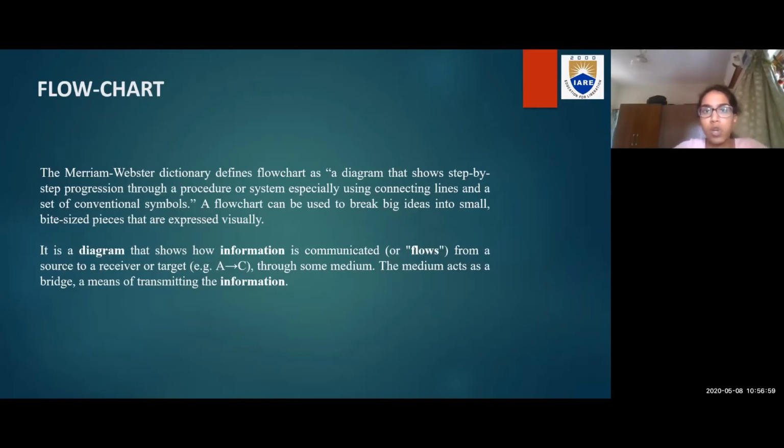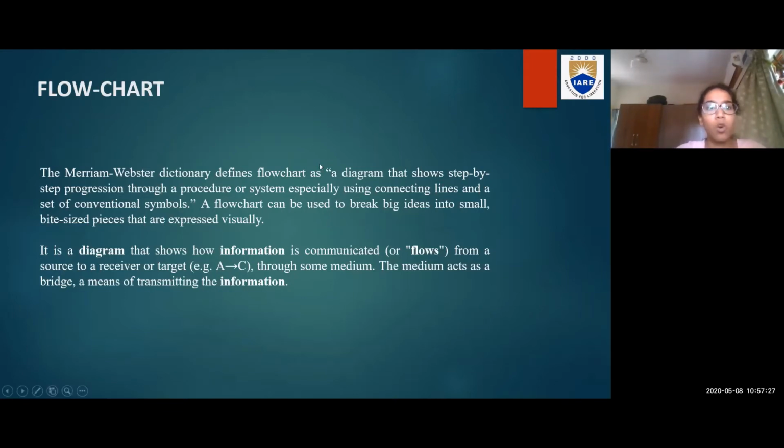Whatever your instructions or your information in the form of a step-by-step procedure is converted into a diagrammatic representation, which is nothing but a flowchart. You use a set of conventional symbols in order to represent your information in the form of such symbols and diagrams. So that is nothing but a flowchart.